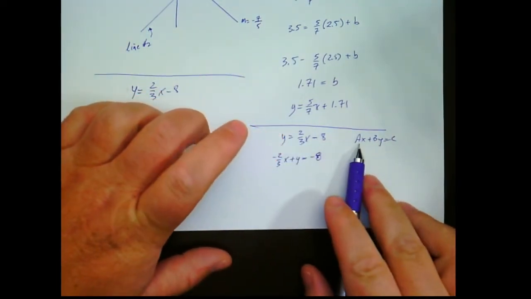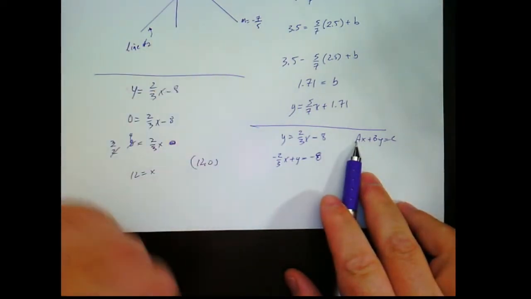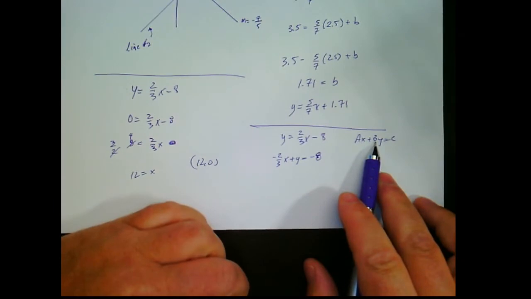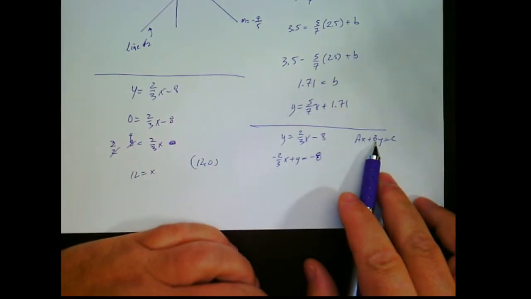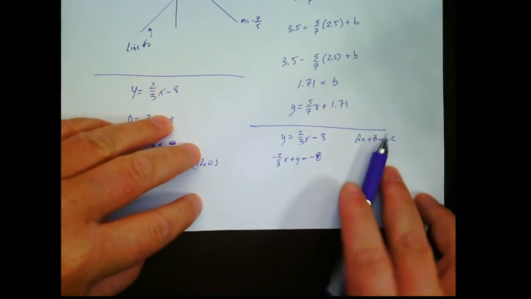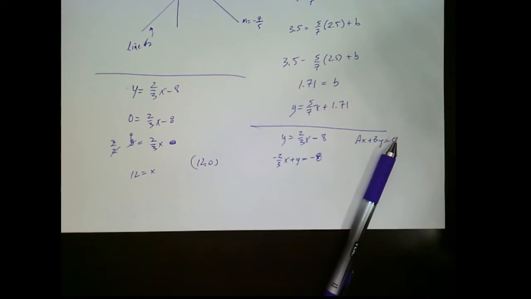Now, it told me in the directions that a has to be a positive whole number, b has to be an integer. b can be negative. Okay. All right. I'm going to hold on here.